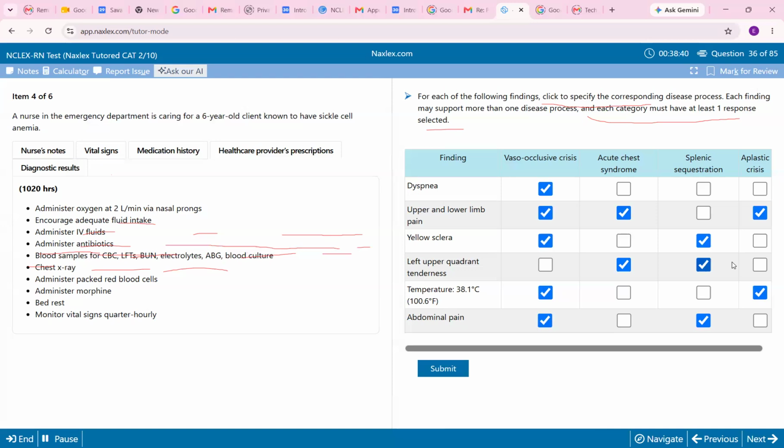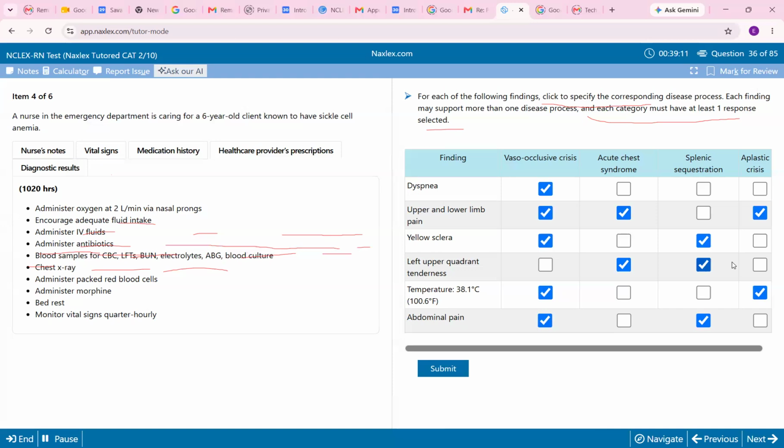Next is aplastic crisis. We know that RBCs are produced in the bone marrow. When RBCs are not produced by the bone marrow, that is aplastic. That means no production of RBCs from the bone marrow. Usually this is in case of parvovirus B19 infection, and also aplastic anemia. When the anemia worsens, it can lead to an aplastic crisis.